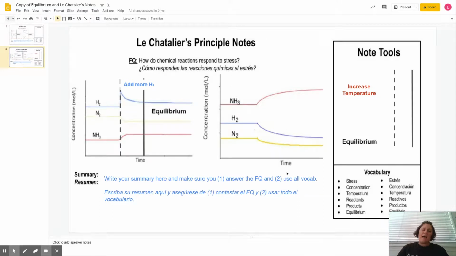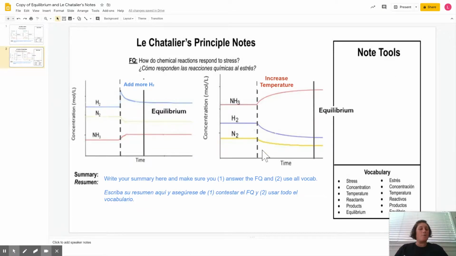We took that hot plate that our reaction was sitting on, and we cranked it from like a 3 up to a 10. And then I want you to go through and find, where do these lines level out again? Where do we reestablish equilibrium? And that's where you're going to put this solid line. So go ahead and pause the video and do that for yourself for a moment.